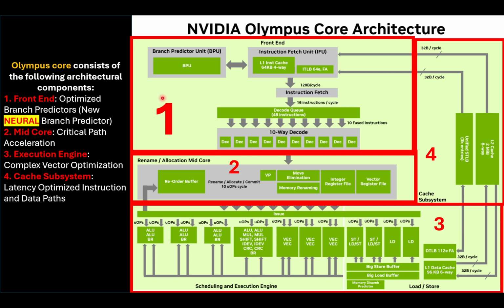And then we have the mid-core, or critical path acceleration. This is the rename and allocation part in the mid-core.